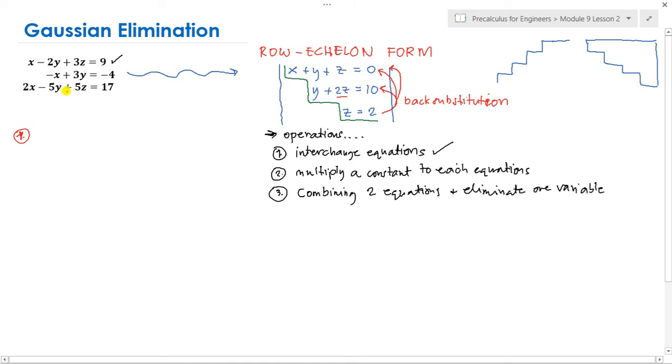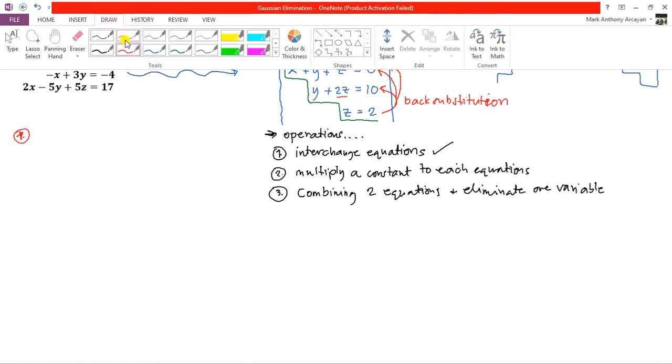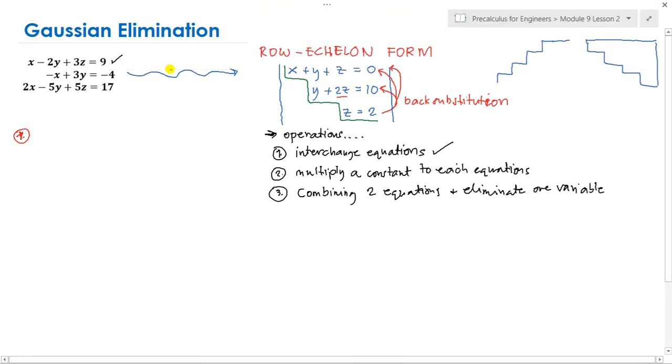Which of the three has these qualities or characteristics? Is it equation 1, equation 2, or equation 3? What do you think, class? Which of these three equations should we put first in our row echelon form?